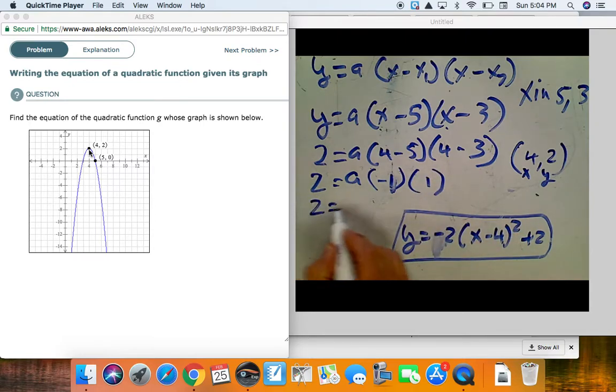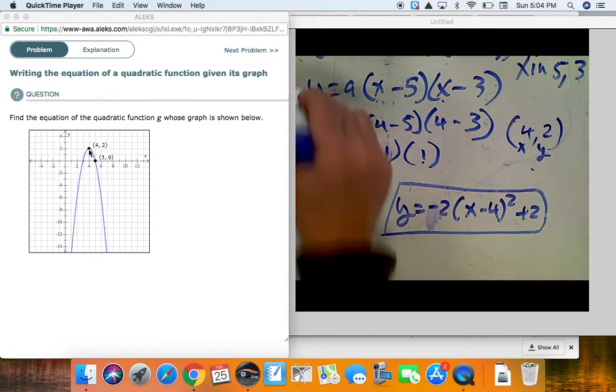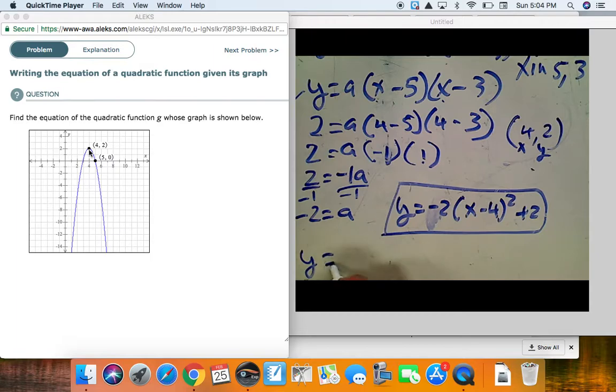And negative 1 times positive 1 is negative 1a. I divide both sides by negative 1 and I get negative 2 equals a. So then my equation is going to be, I'm going to plug that in up here, y equals negative 2 times x minus 5, x minus 3.